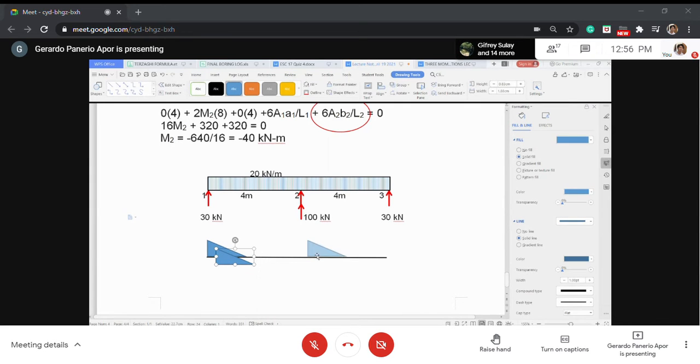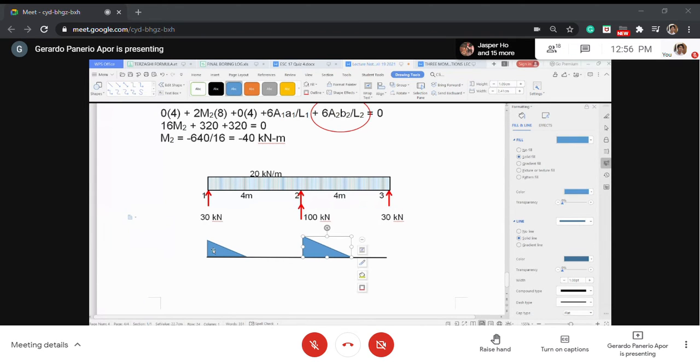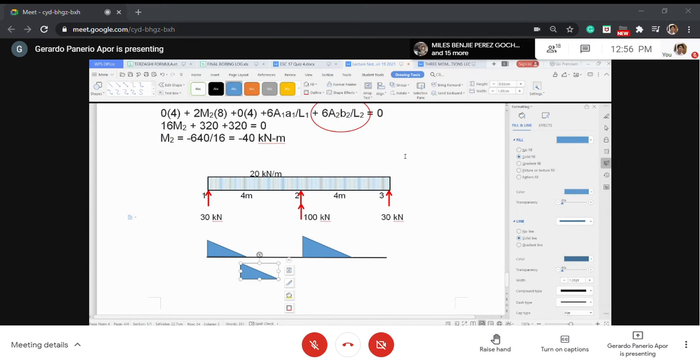Butang pa natin din here. Okay. This one I'm going to flip that and straight, maybe horizontally. No. Copy that one, copy and paste. Then I will flip this one. Rotate.